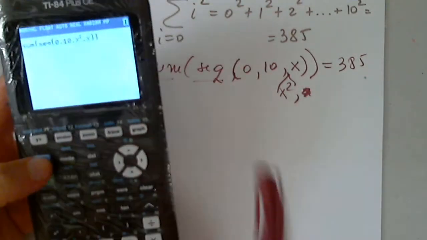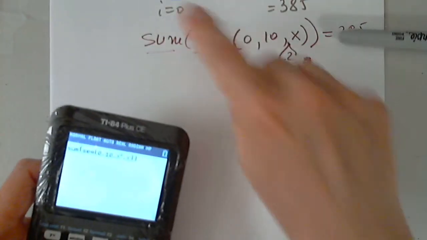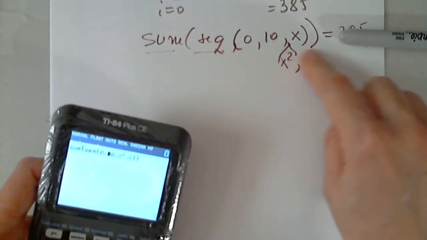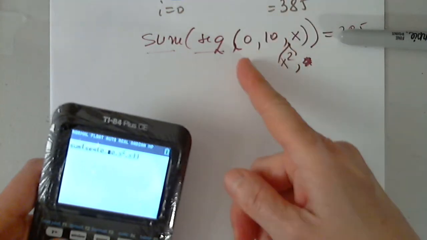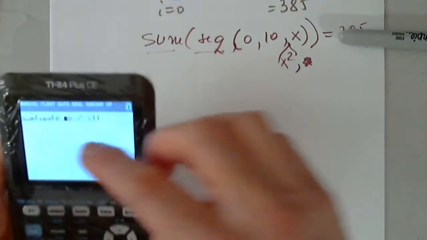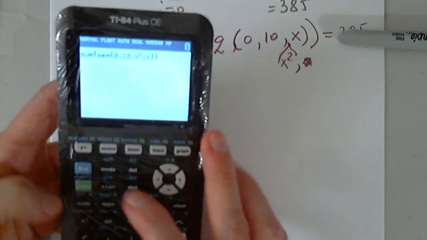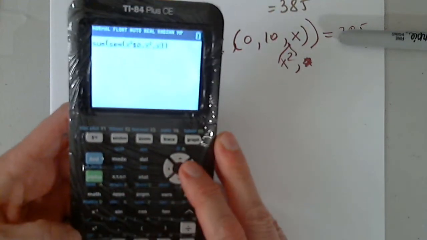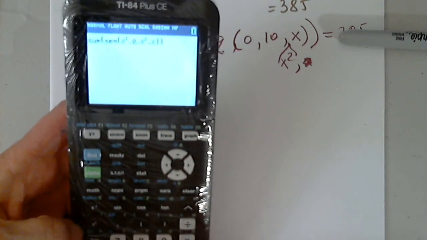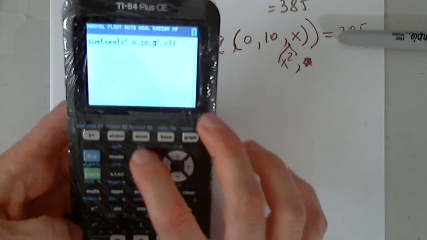Now okay, this is how we determine the sum of the sequence. It's the sum, and this is the sequence, and from the lower limit to the upper limit. I don't remember if we have to put x squared first. Maybe that's what it is. X squared, comma, 0, comma, 10, comma. It may not need the x.